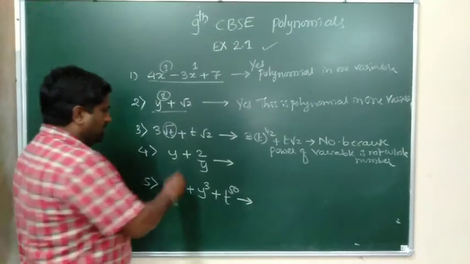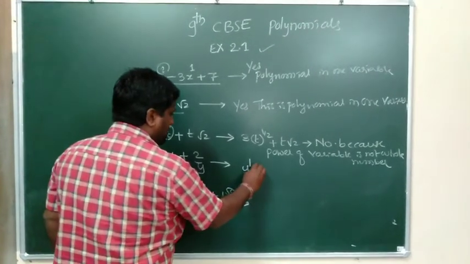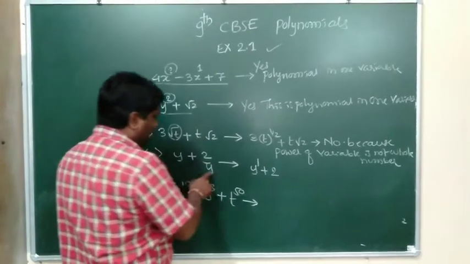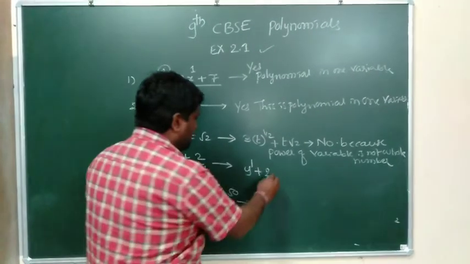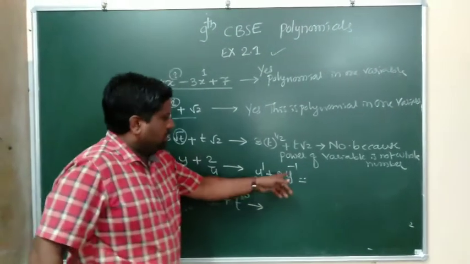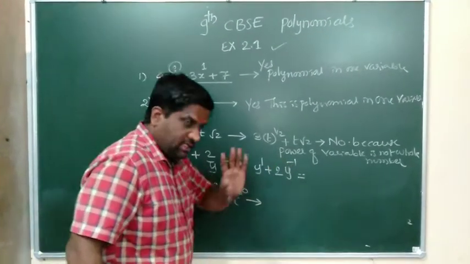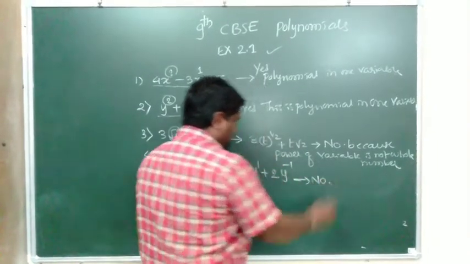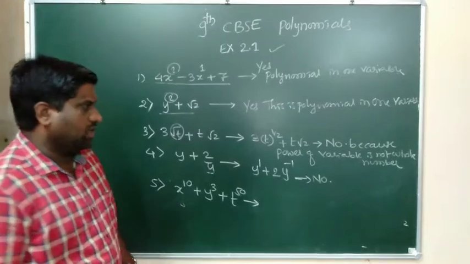Similarly, y raised to 1 plus, I will take the denominator y to the numerator, and in that case it will become an inverse. So the power of this y is a negative integer. So no, again this is not a polynomial.